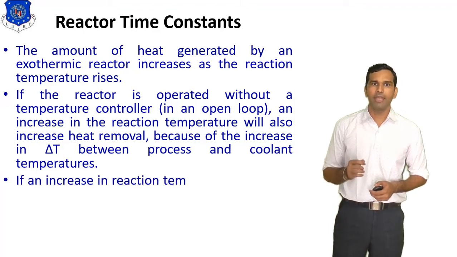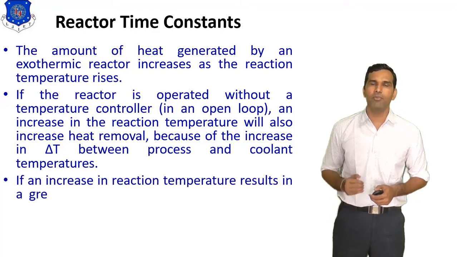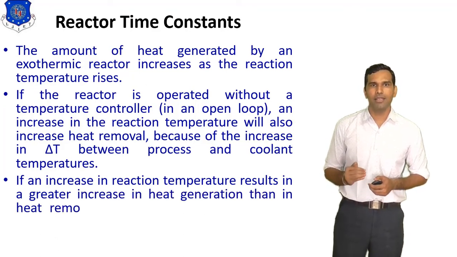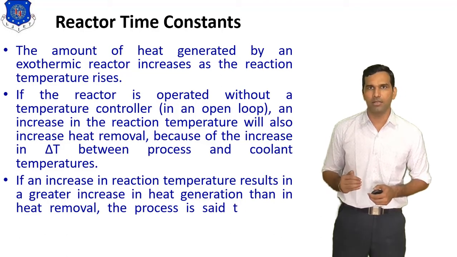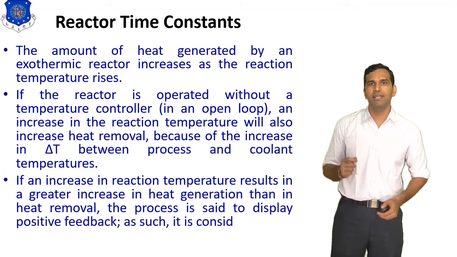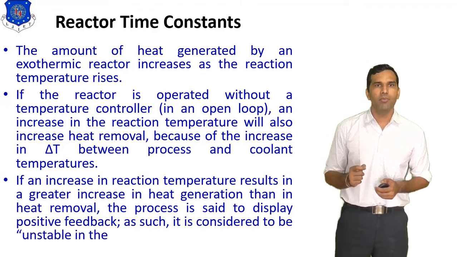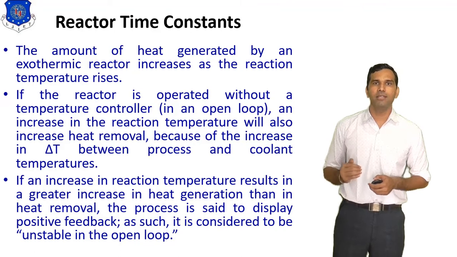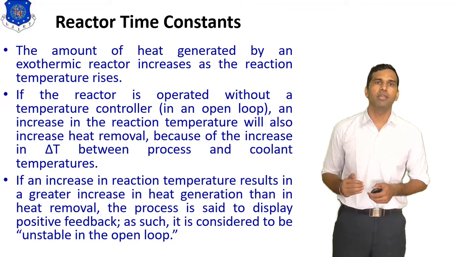If an increase in the reaction temperature results in a greater increase in heat generation than in heat removal, the process is said to display positive feedback. As such, it is considered to be unstable in open loop.